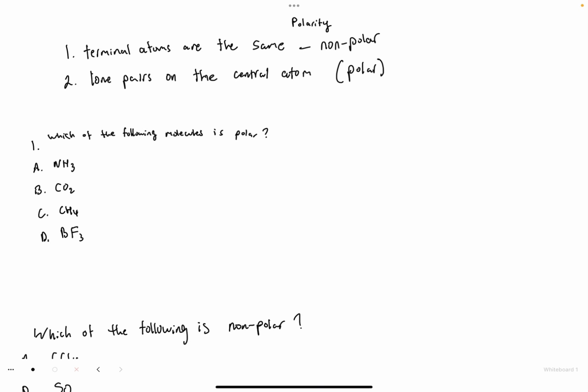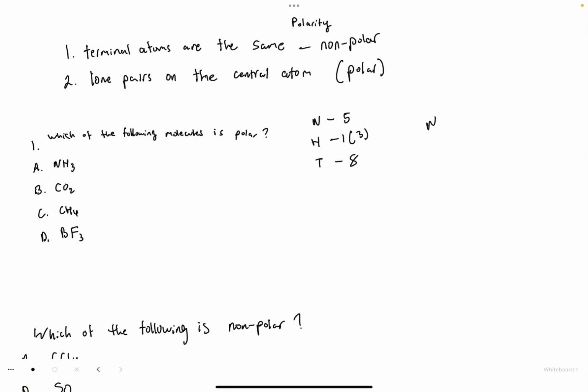NH3, so nitrogen, hydrogen, and the total. Nitrogen has 5 valence electrons. Hydrogen has 1 valence electron, but there's 3 of them. So that's going to give you a total of 8 valence electrons.